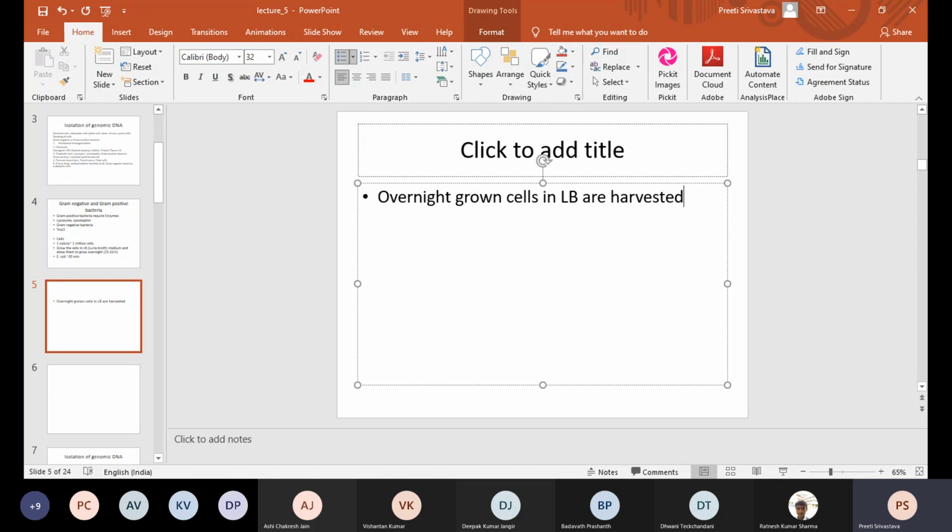So overnight grown cells in LB are harvested by centrifuging them, and in this case you use about 12,000 RPM. This is the speed at which you can actually separate the cells from the medium, correct? It becomes very important. In this case, you are using 12,000 RPM for 5 minutes.